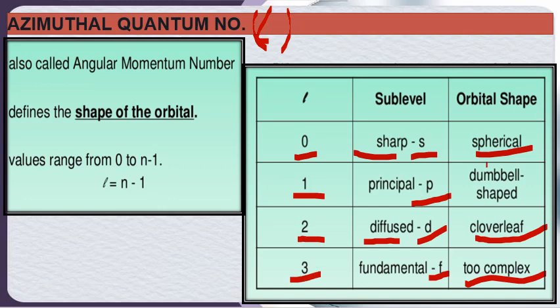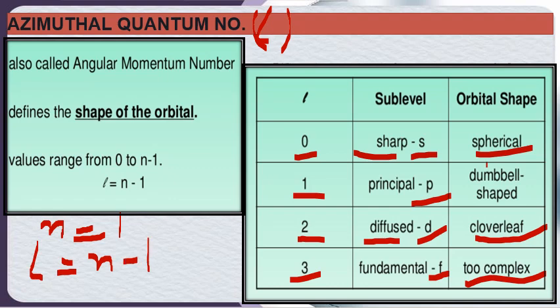Right? Now, the value of L can be 0 up to n minus 1. Now, how is this n minus 1 utilized? You can see when n is equal to 1, the value of L will be, now find it out, L is equal to n minus 1.